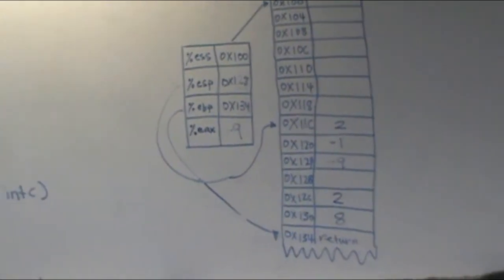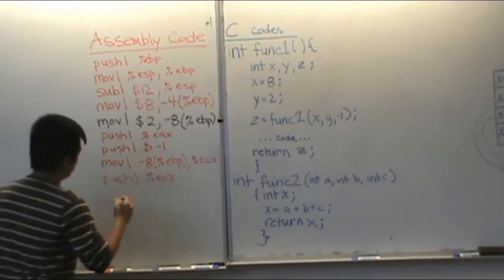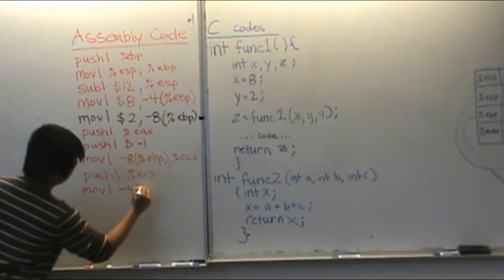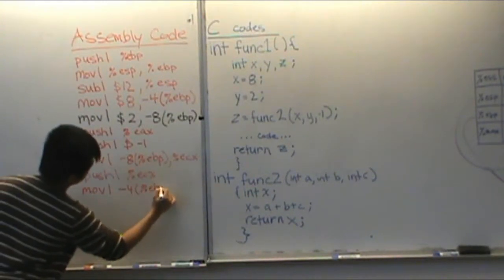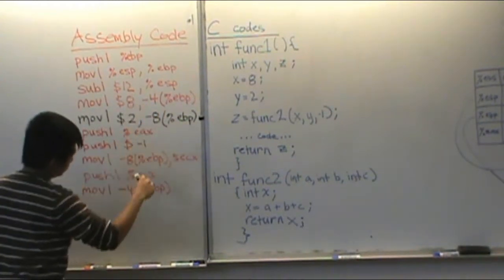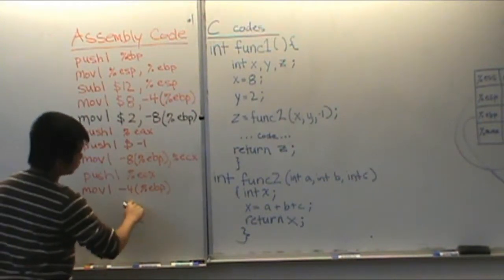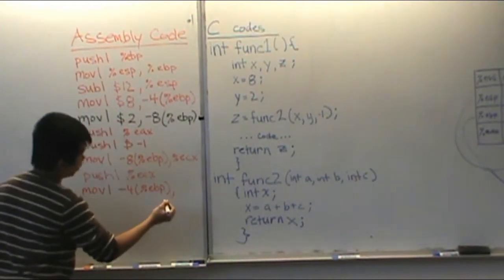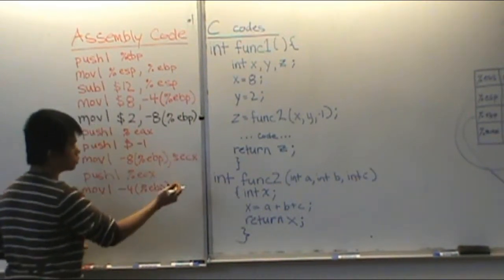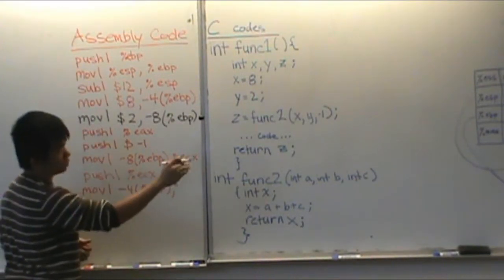For X, we do the same thing that we did for Y. So we have to move -4(%EBP), which is the variable where we store 8 into X. So we put the variable X into, let's just say, the same register again, because we already saved it on the other one.